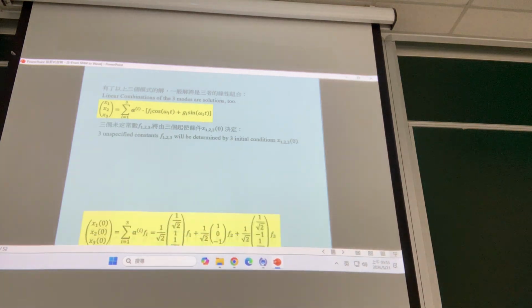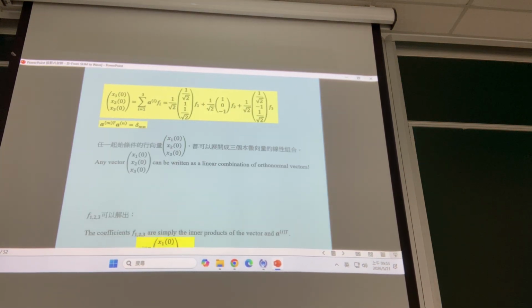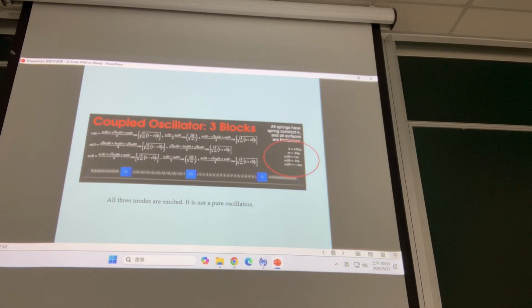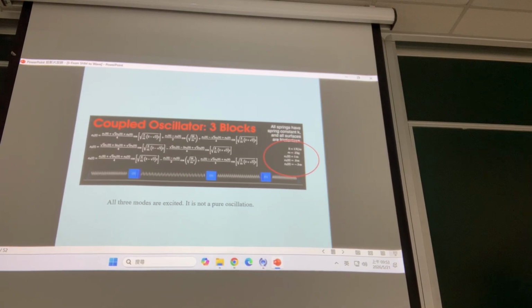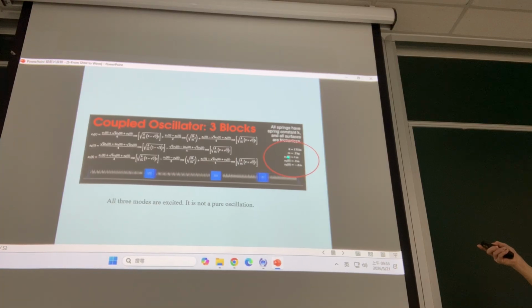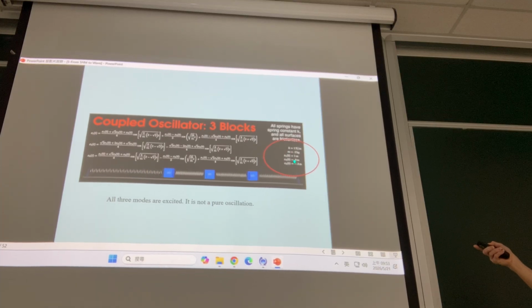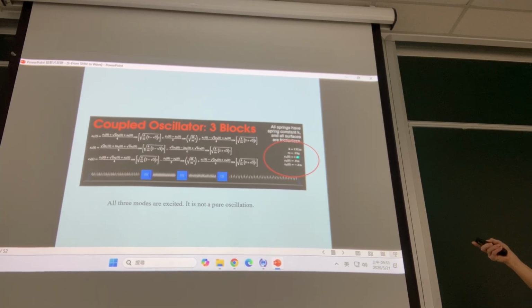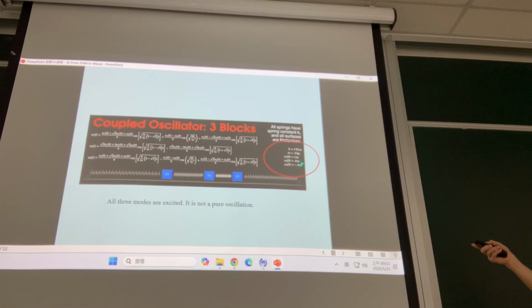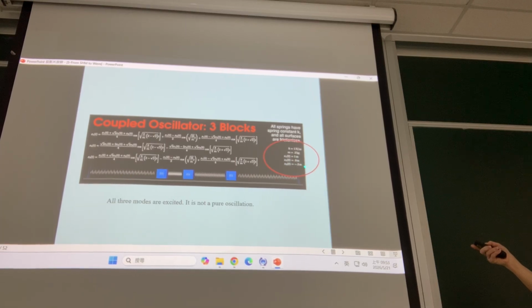Here, I showed you in this cartoon that he adjusts the initial condition arbitrarily. For example, x1(0) is 1 meter, x2(0) is 0.9 meter, x3(0) is -3 meters.